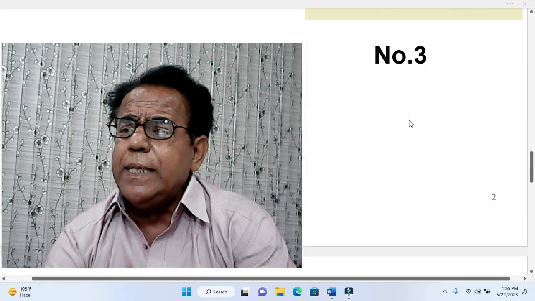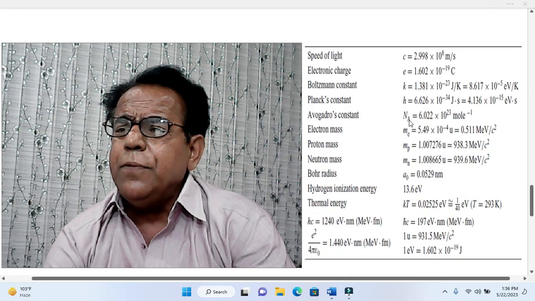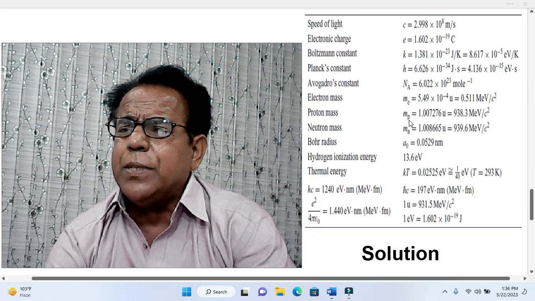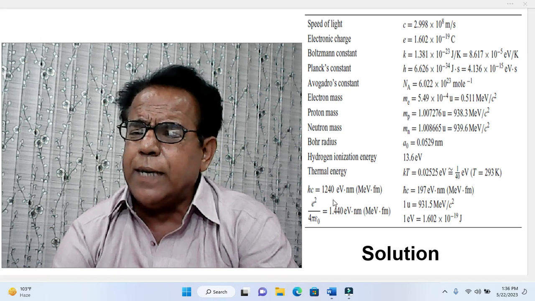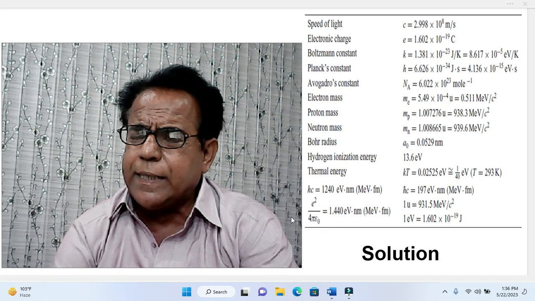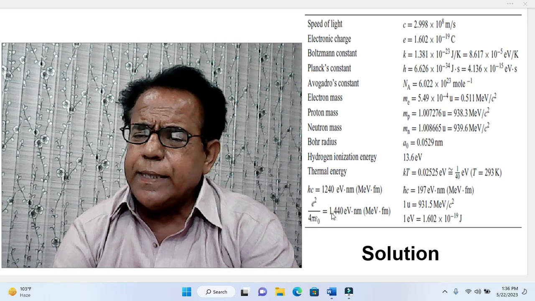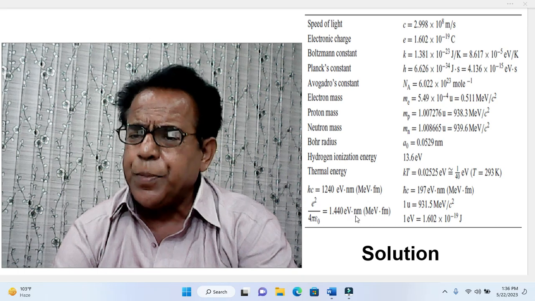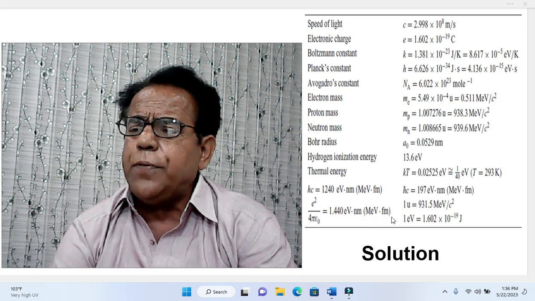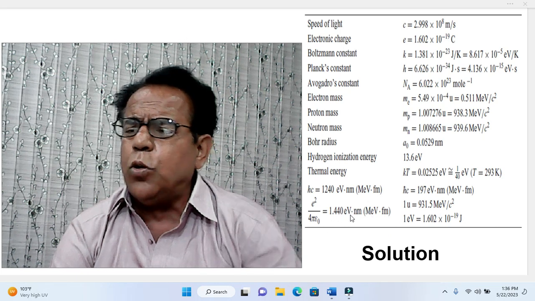Tool number 3 is also a table which has been used several times, so we also skip it. The only result which will be used is that e square over 4 pi epsilon naught is equal to 1.440 electron volt nanometer, or million electron volt femtometer. We will take this value in electron volt nanometer.